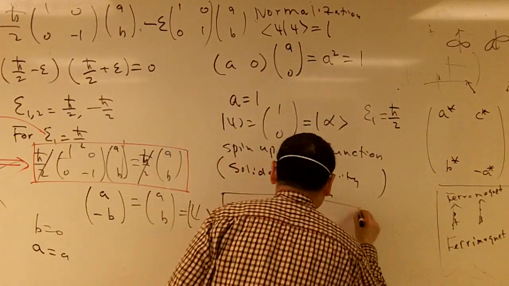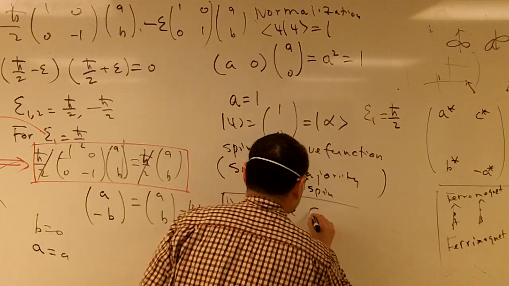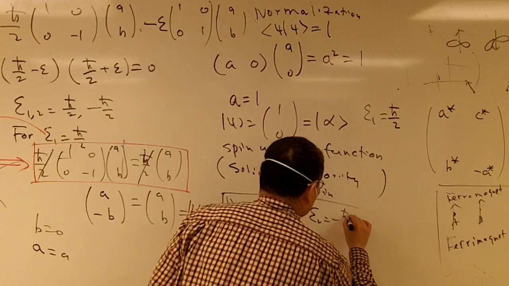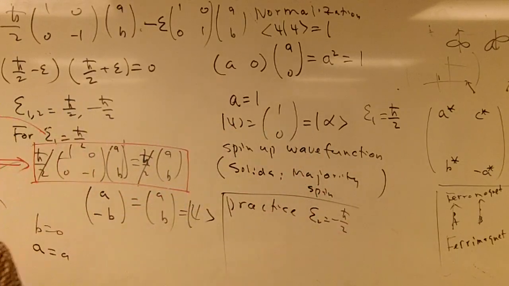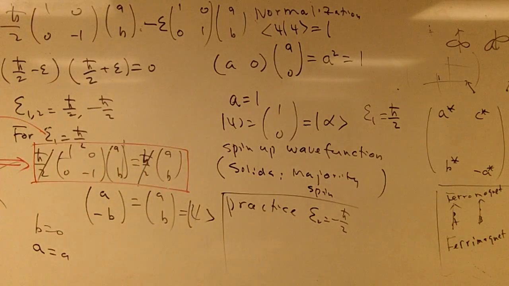Folks, why don't you go ahead and practice finding the wave function for this one, negative h bar over 2. I'll give you 5 minutes or 3 minutes. Try to find the wave function for epsilon 2 equals negative half h bar.